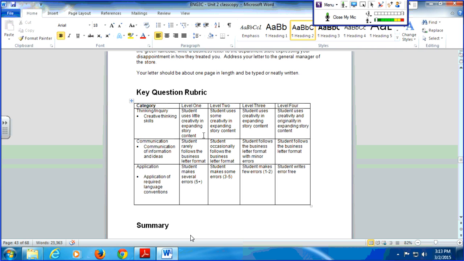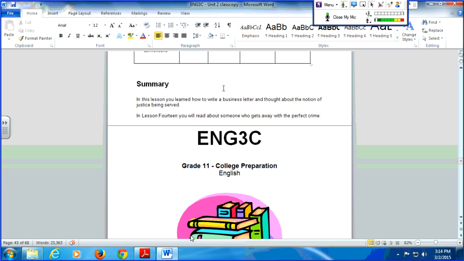With this rubric, level 1 is the lowest you can go. Level 4 is the highest. And that is the rest of lesson number 8.